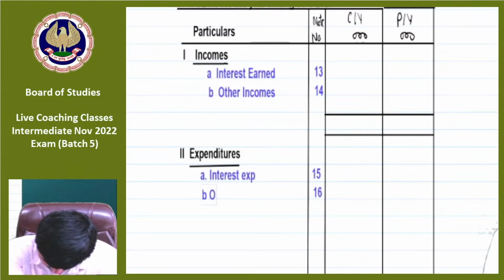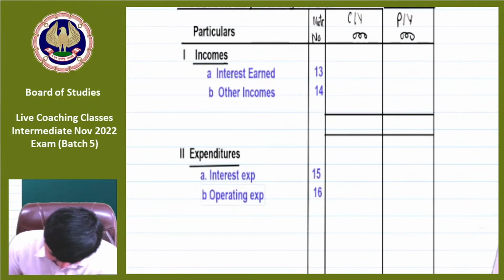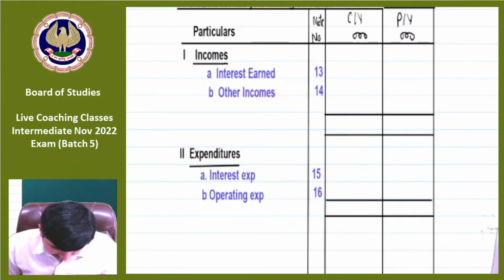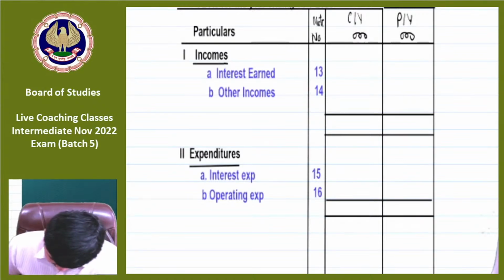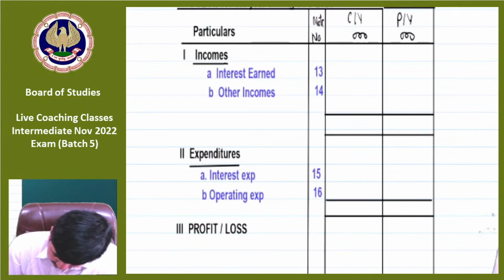B, other operating expense. Instead of writing other, do directly operating expense, because other than interest, all the expenses are for operation. Then do again total, and after that you will be able to find out profit or loss, total amount.